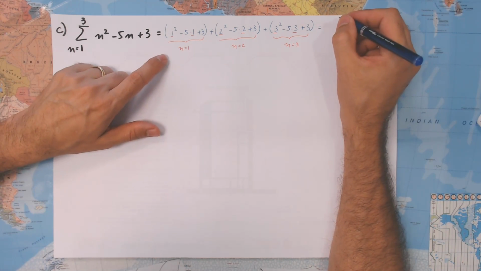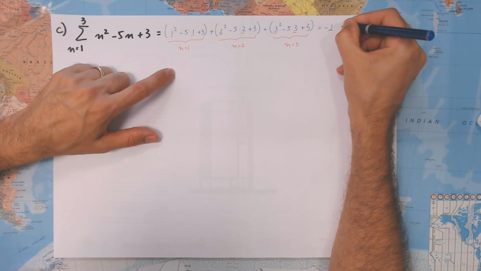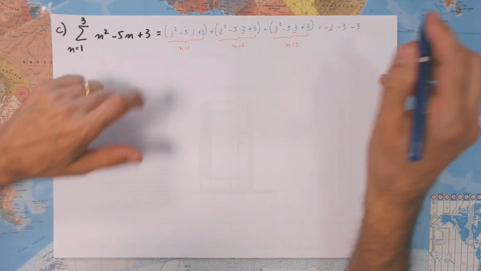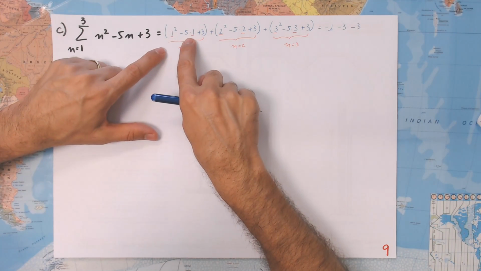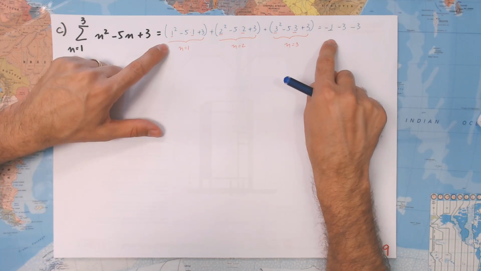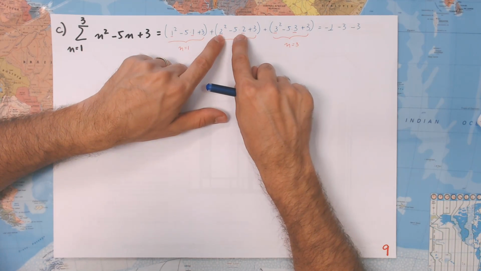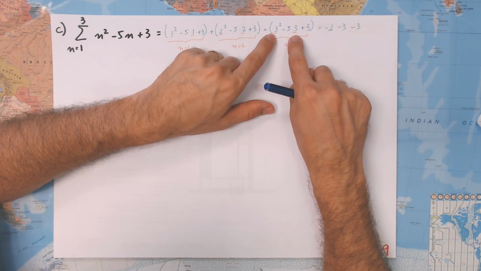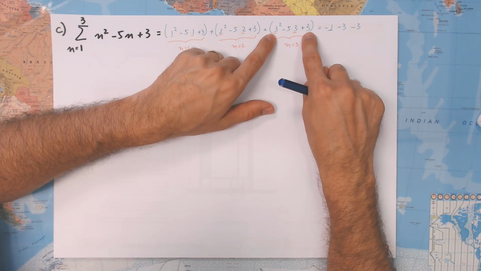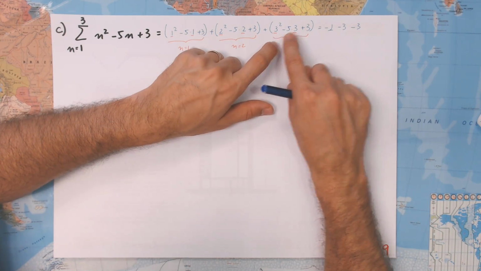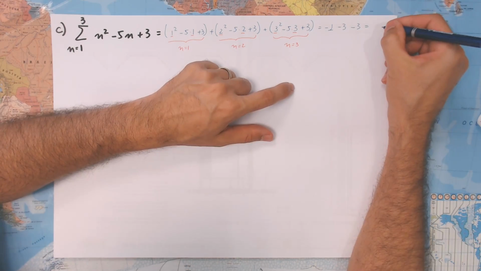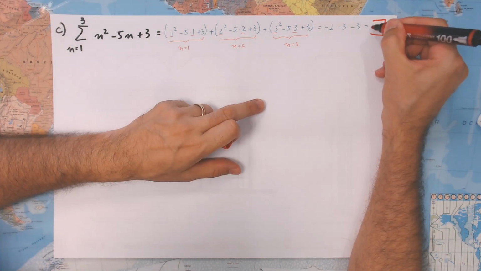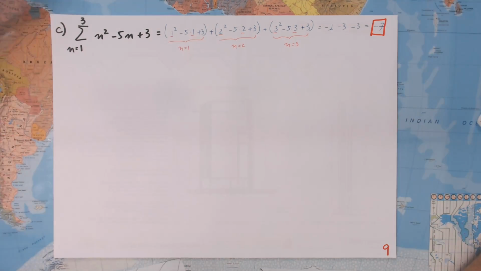In the end, you are going to see this is minus 1, minus 3, minus 3. 1 minus 5 is minus 4, plus 3 is minus 1. 4 minus 10 is minus 6, plus 3 is minus 3. 9 plus 3 is 12, 12 minus 15 is minus 3. And the total is minus 7. Very easy, no problems about this one. It is just plug and play.